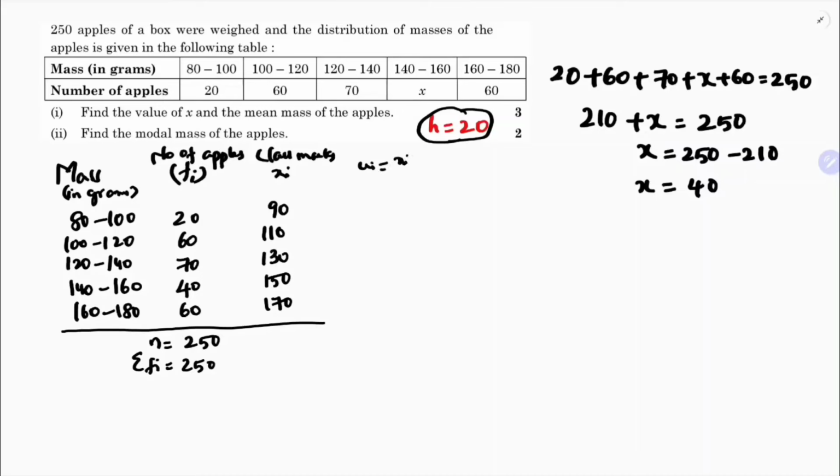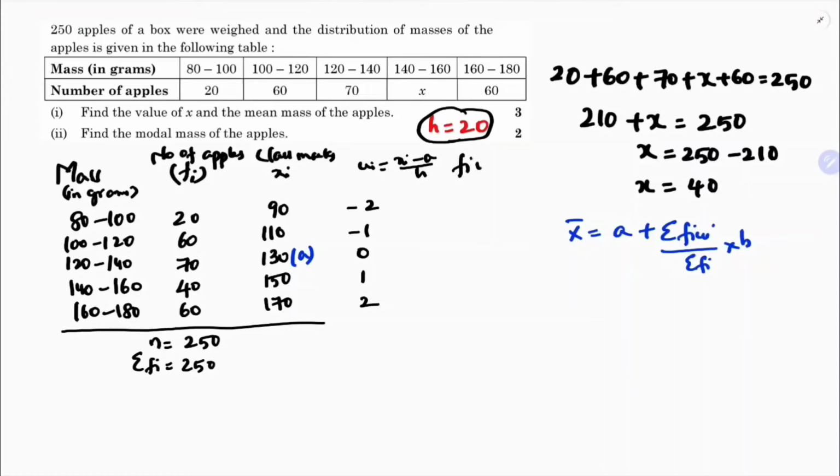Now the values are big, so I'll go for the Ui method. Ui is Xi minus A by H. So the formula for mean by the step deviation method is A plus sigma Fi Ui by sigma Fi into H. Here I'll assume any one value as A. If I assume this value as A, the Ui values you can write directly, as the values are in ascending order: 0, minus 1, minus 2, 1, 2.